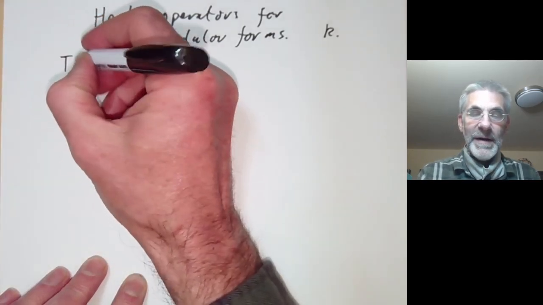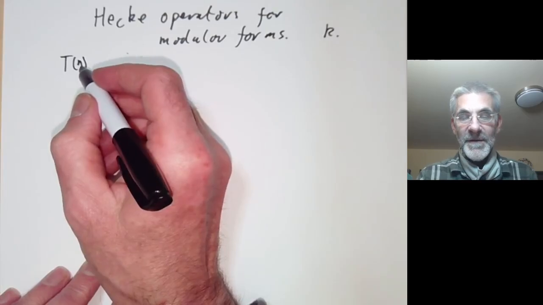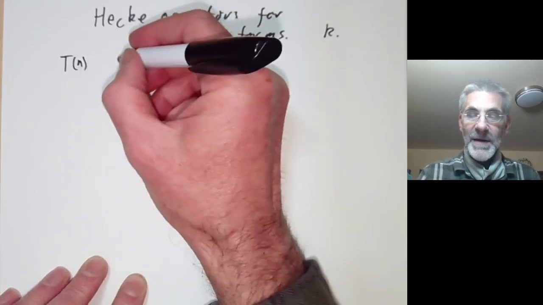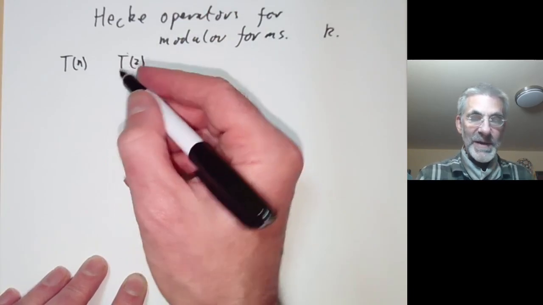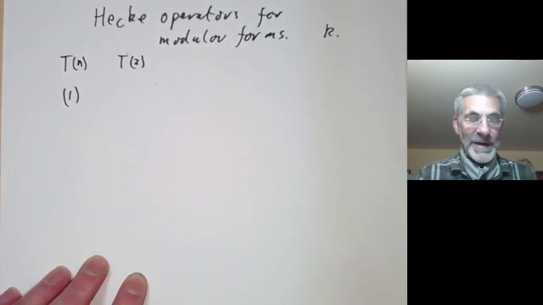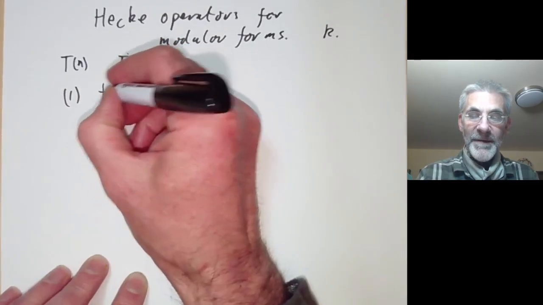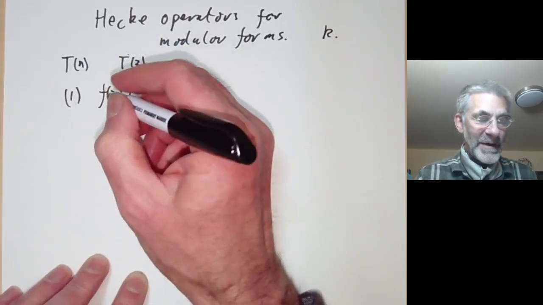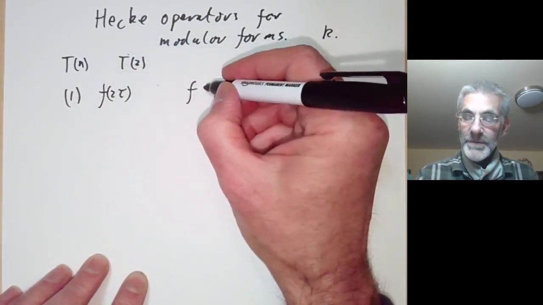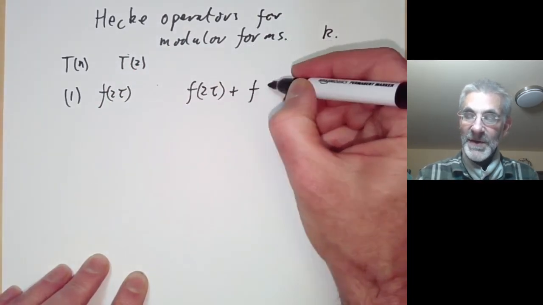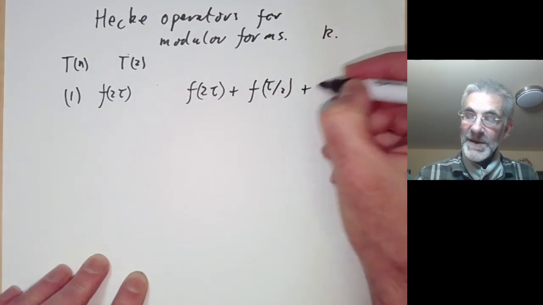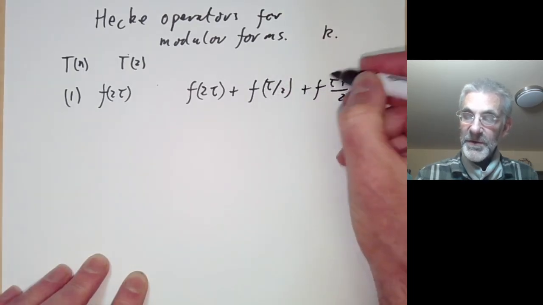We defined Hecke operators Tn for every positive integer n, and I'm just going to do the case T2 so I can write everything out explicitly. There were three ways of doing this. First of all, we could take f of 2 tau and make this invariant under SL2Z, which involves taking f of 2 tau plus f of tau over 2 plus f of tau plus 1 over 2.